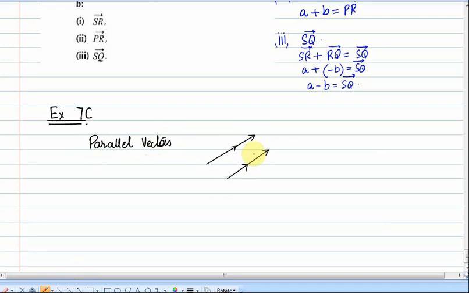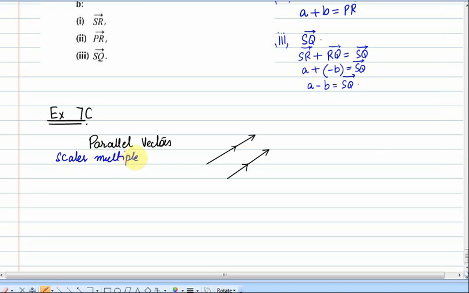Now in terms of parallel vectors, there is a hidden word, scalar multiple. Now what does it mean?